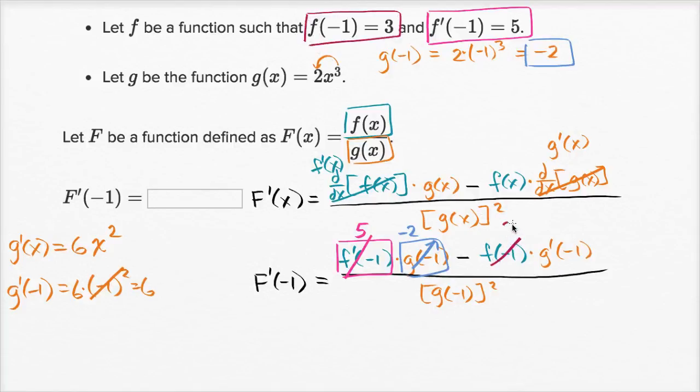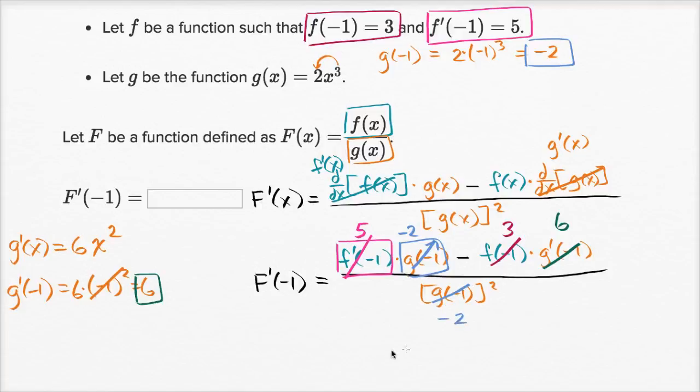That is equal to 3. And then g prime of negative 1, we figured it out. It is equal to 6. So this is equal to 6. And then finally, g of negative 1 right over here, we already figured that out. That was equal to negative 2.